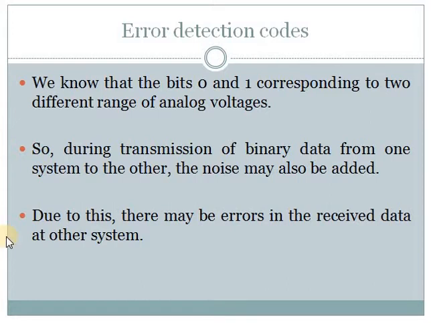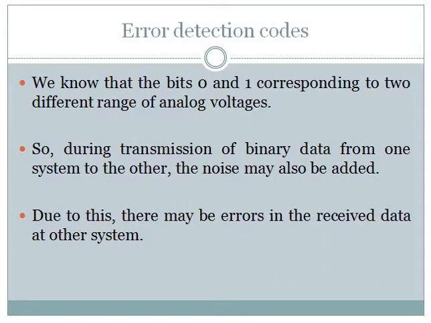So we will go to the error detection code. We know that the bits 0 and 1 correspond to two different ranges of analog voltages. During the transmission of binary data from one system to another, noise may also be added.